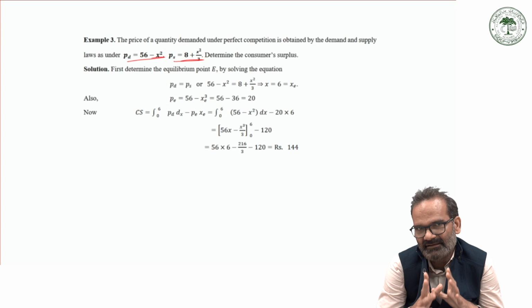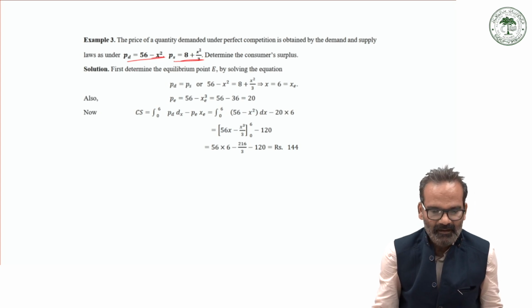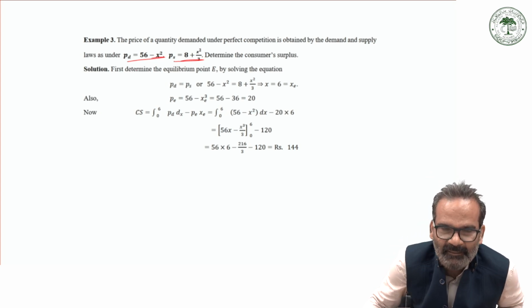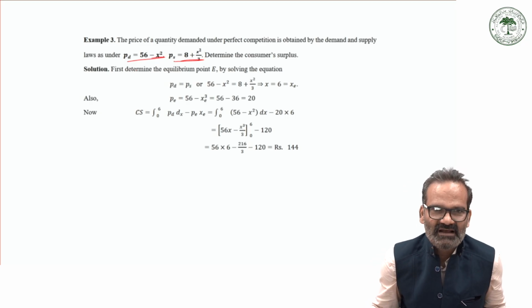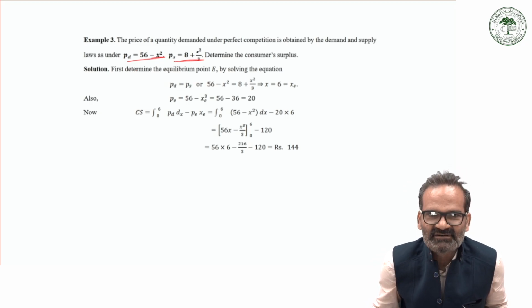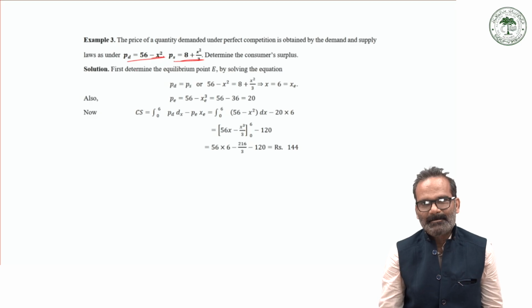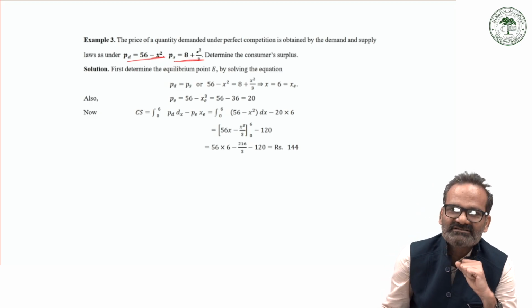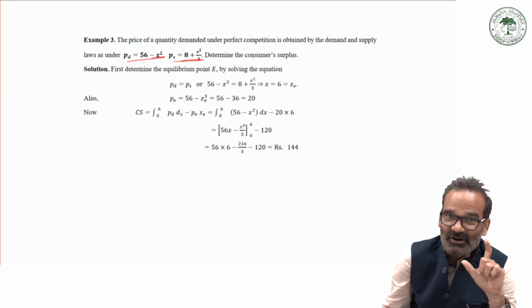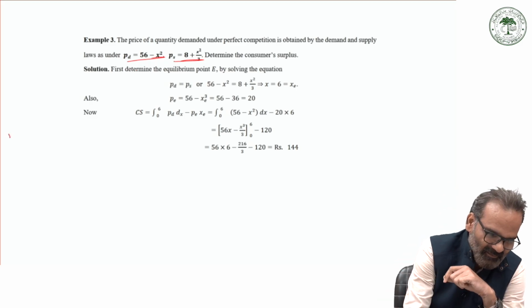are not given, right? Now the price and quantity demanded under perfect competition are obtained by demand and supply laws as this. Determine the consumer surplus, right? And we know that under perfect competition, at the equilibrium point, our demand and our supply both are equal.